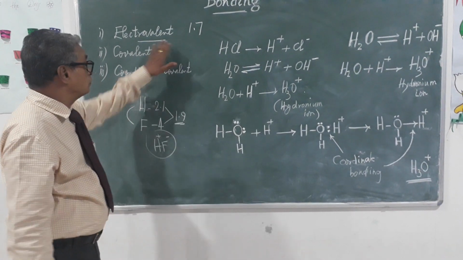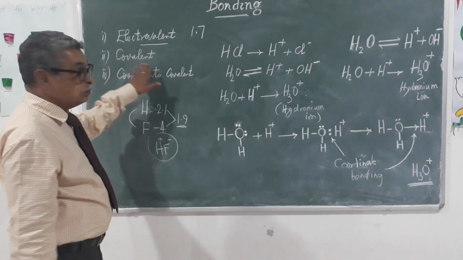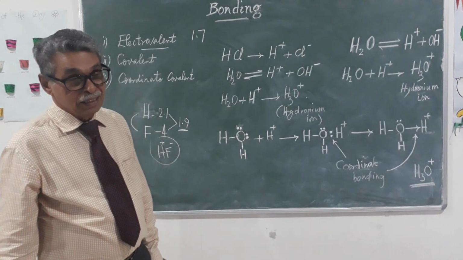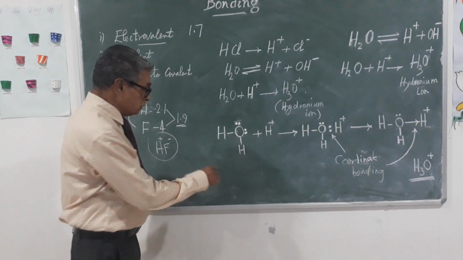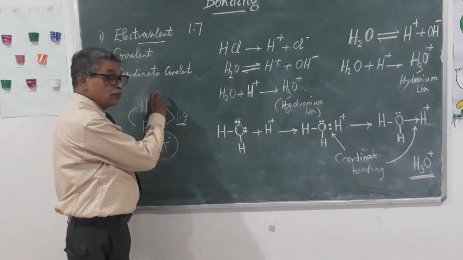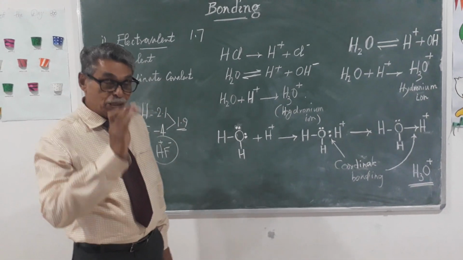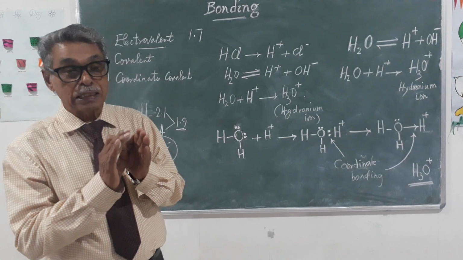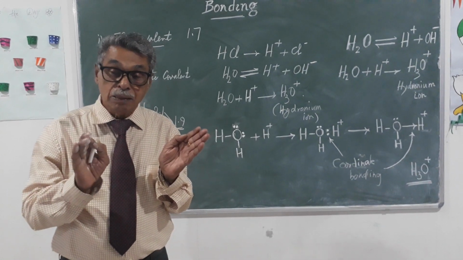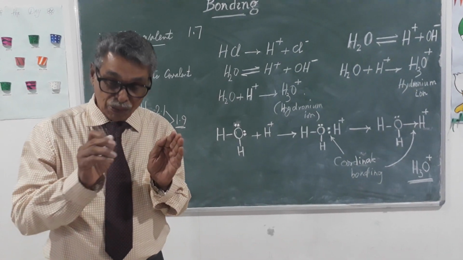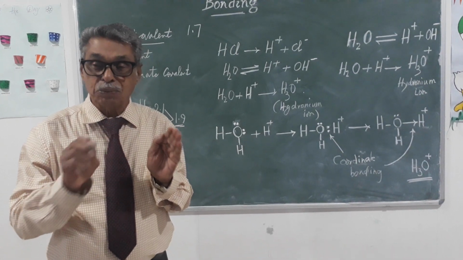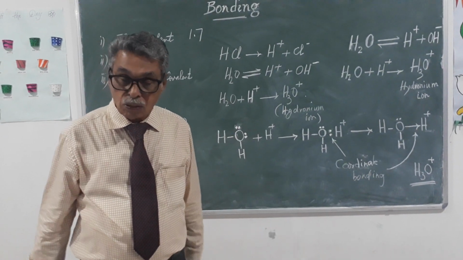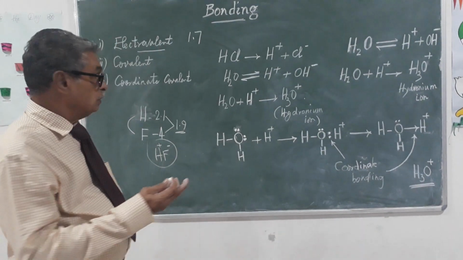But in general, covalent compounds are formed when two atoms have almost the same electronegativity, or the difference between electronegativity of two atoms is 0 or varies very negligibly. Then covalent compounds, or covalent molecules, are formed.